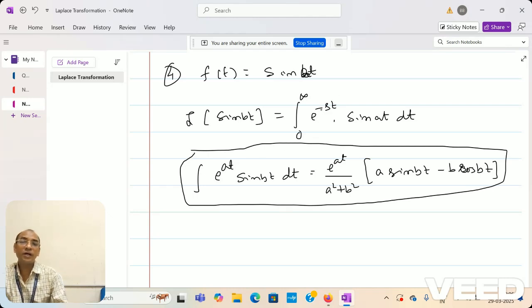So in place of a, I am having minus s. In place of b, I am having a.